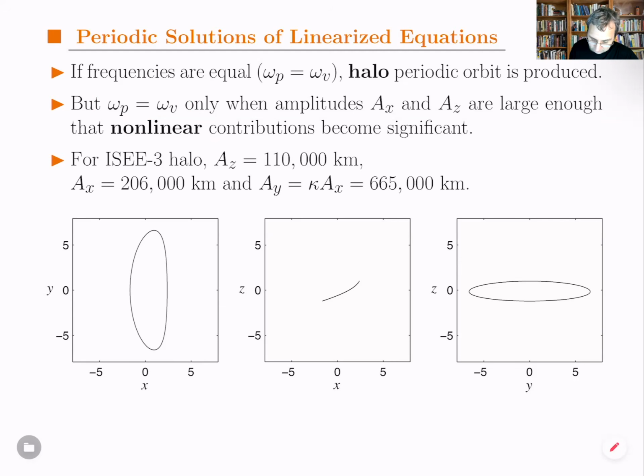For example, that IC3 halo orbit had a Z amplitude of about 110,000 kilometers, AX was about 200,000, and AY about 600,000. Again, though I'm not writing it here, all of these units are multiplied by 10 to the 5 kilometers, so multiply by 100,000 kilometers.